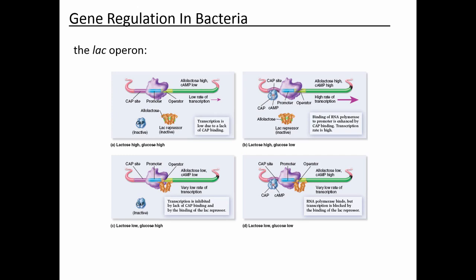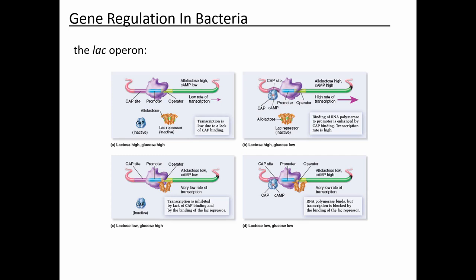So in this situation where glucose is high, it's inhibiting the production of this nucleotide, which means that CAP is not going to have cyclic AMP bound to it, so CAP sits over here and it's not bound to the CAP site. One reason that this is off is because the activator is not bound to the CAP site.